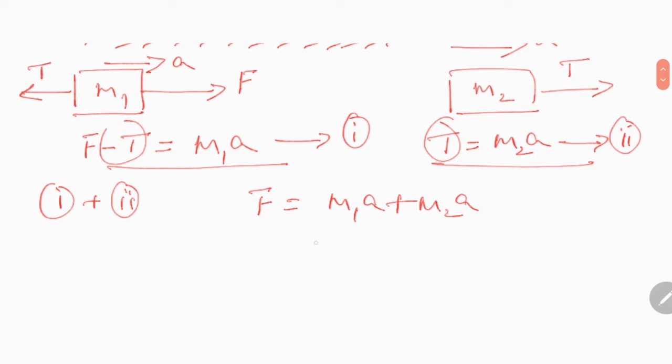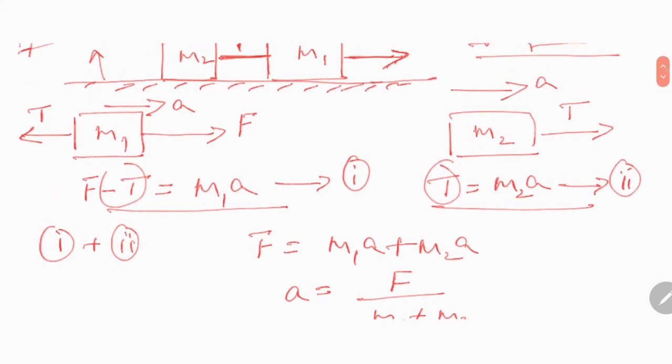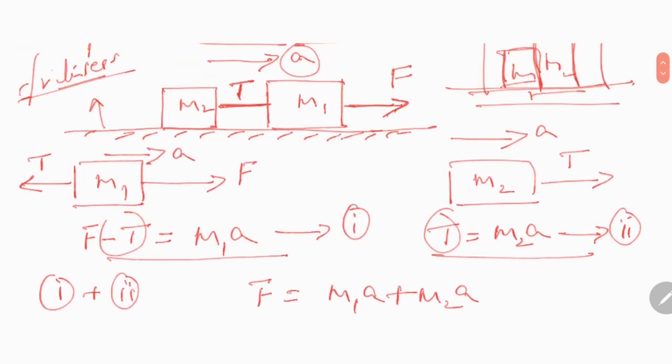Therefore the acceleration of the system will be equal to F by M1 plus M2. That's it. Very straightforward. And if you want to calculate the tension, once you find out the acceleration, you can substitute the value of A here and you will find out the tension in the rope.